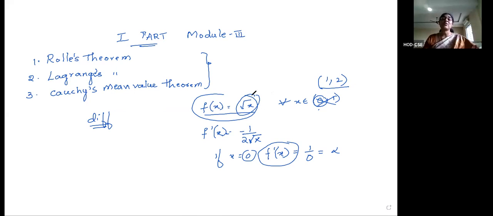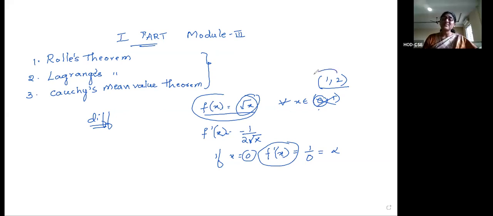So like that it always happens. Whenever you discuss these theorems, definitely he will give the interval. So without the interval we can't say either the continuity or the differentiability of the curve, right?